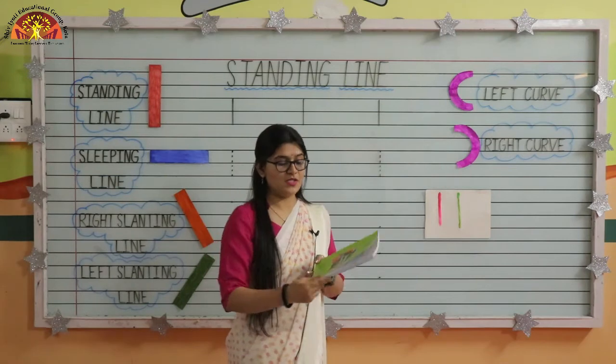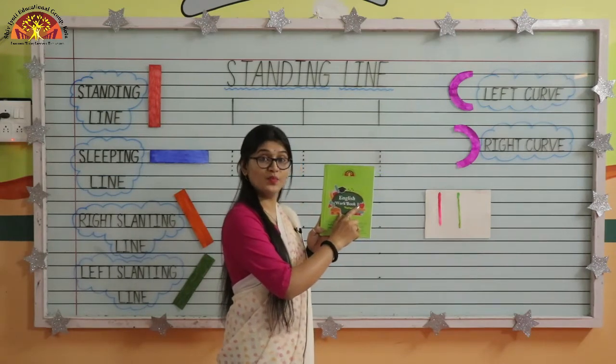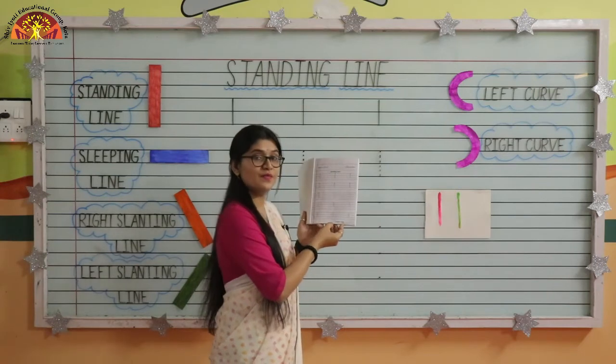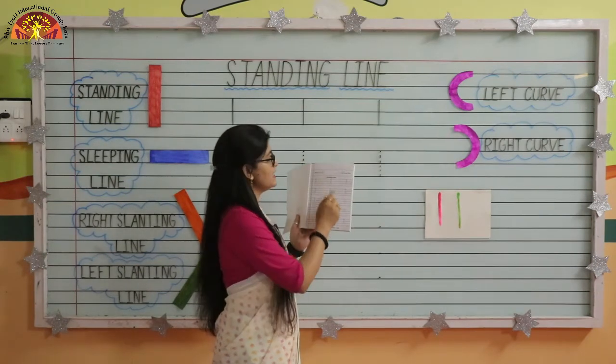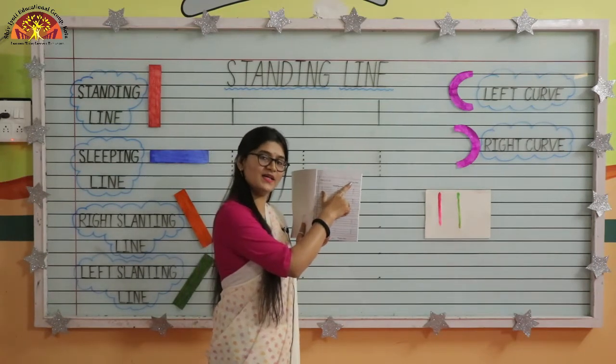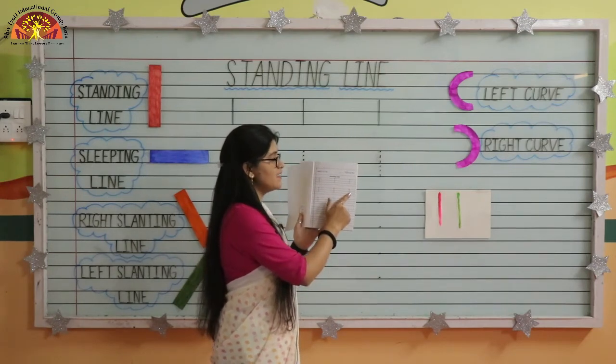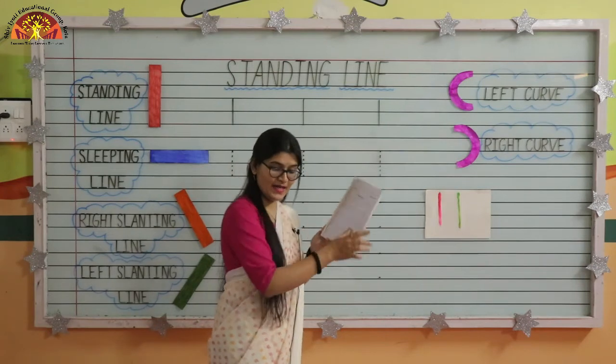Now kids, take out your English workbook 1 and open page number 1. Parents are requested to mention date and classwork at the top. So kids, first we will trace standing line. Okay.